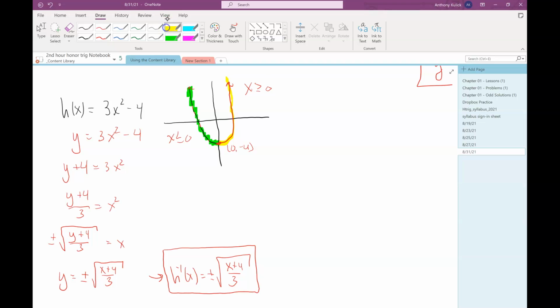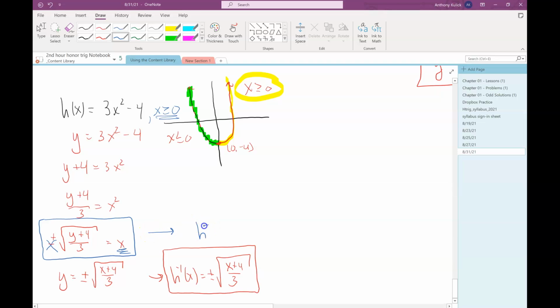So just for the sake of argument, let's say that we keep only this half. So if I add in the restriction that x has to be greater than or equal to 0, when I get to this step, it allows me to drop the minus from the plus or minus, because I know that x has to be greater than or equal to 0, so it can't ever be negative.